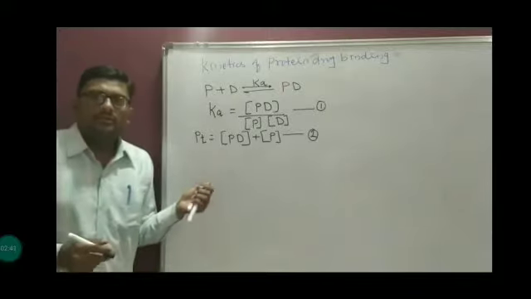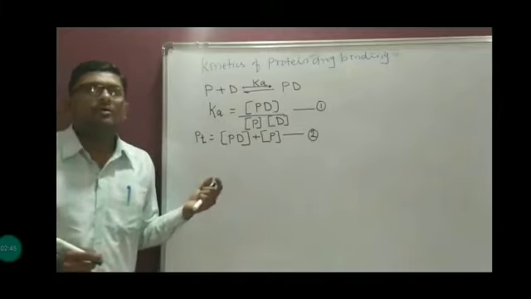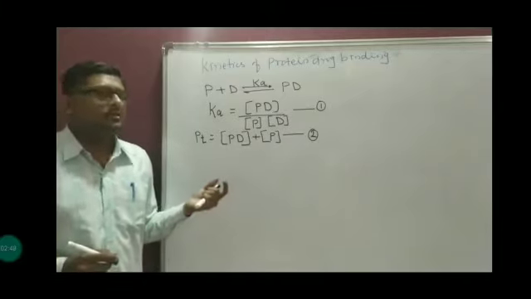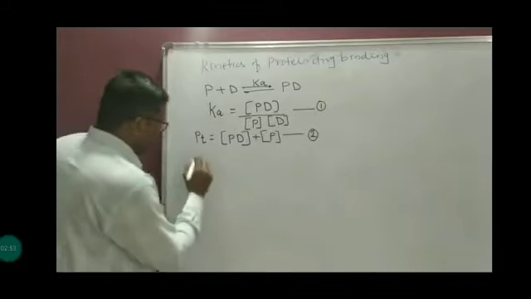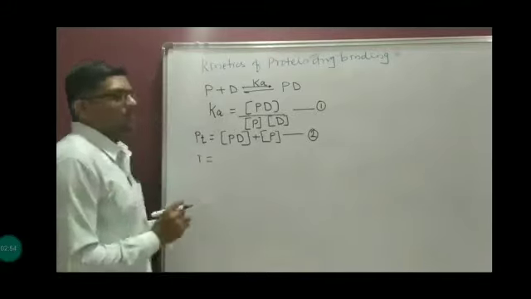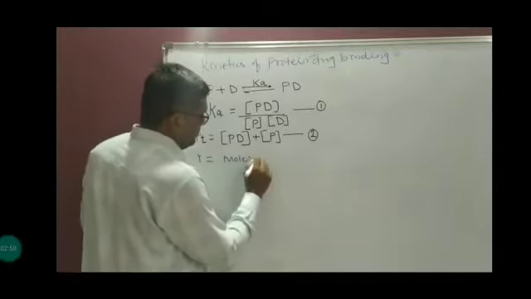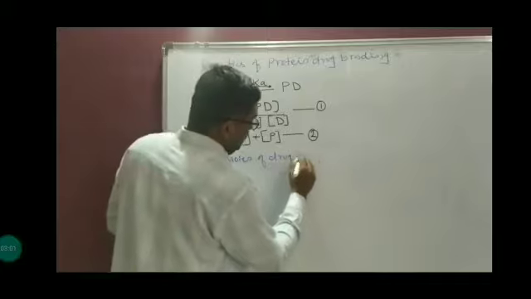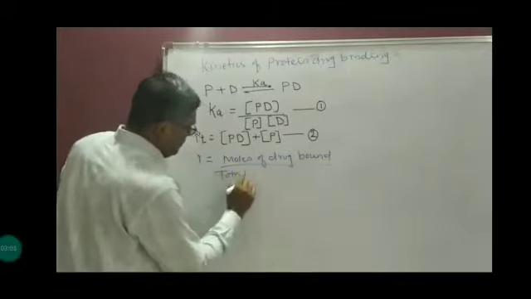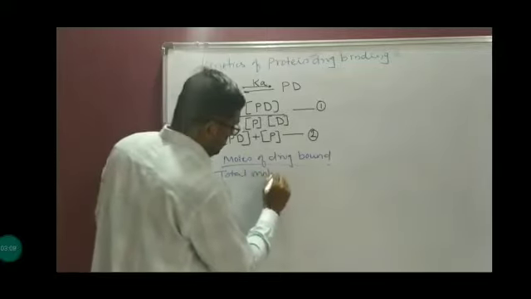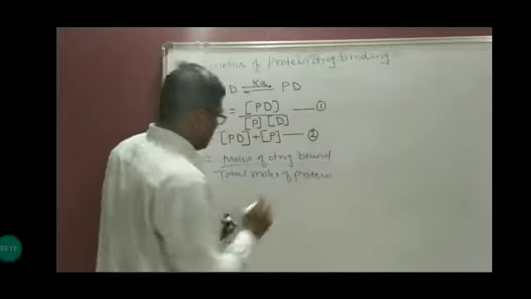Now consider R as the number of moles of drug bound to the total moles of protein.